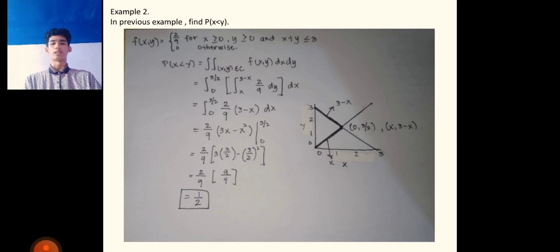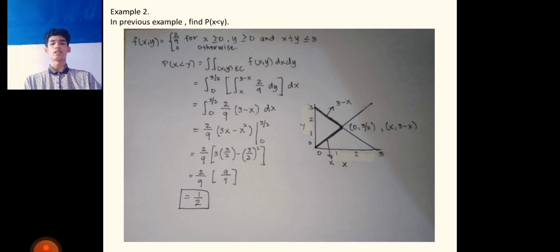And then the inner integral is in terms of 3 minus x. The upper bound is 3 minus x, the lower bound is x, of 2 over 9 dy. So 3 minus x is the same as in the first example, and the lower bound of y is x.